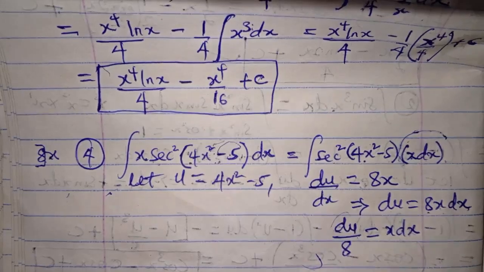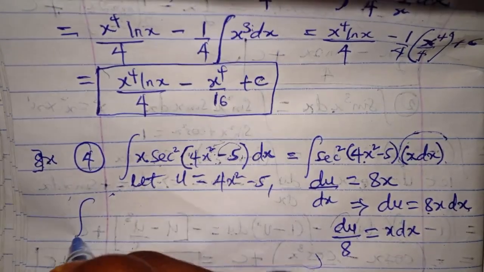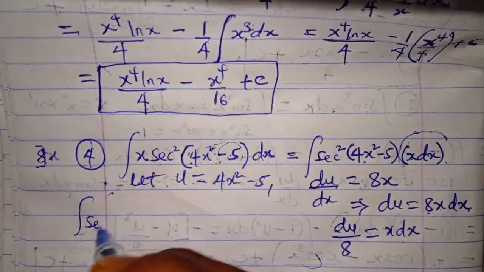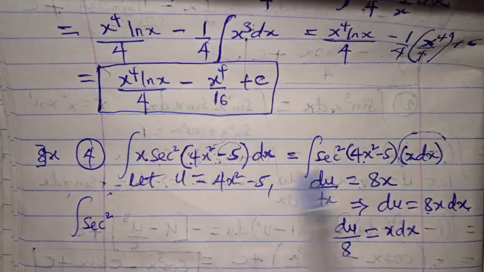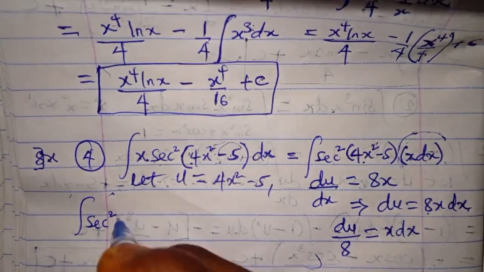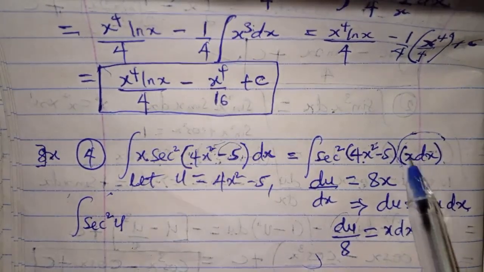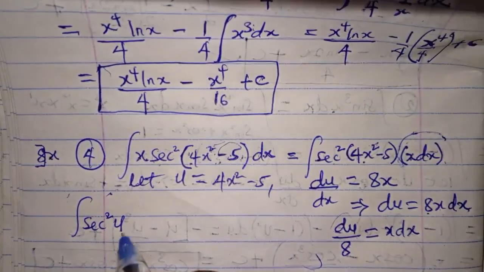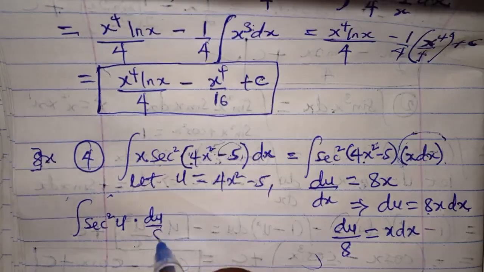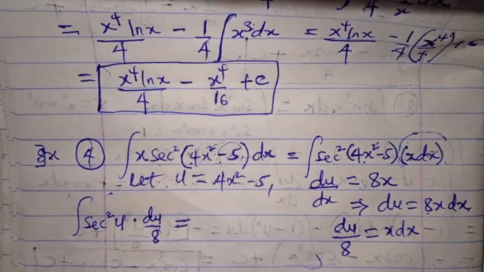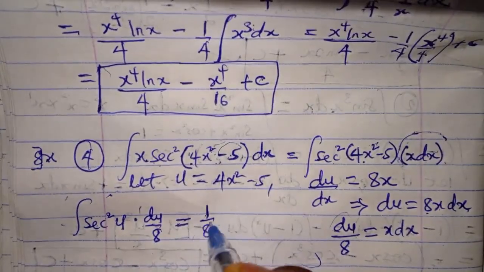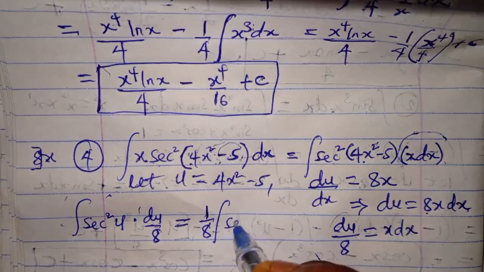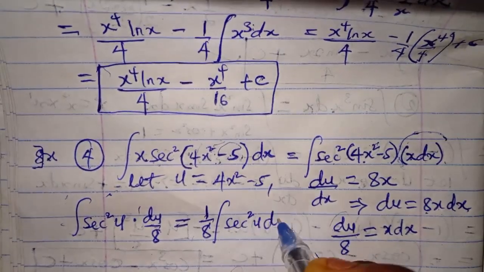This integral is now the integral of sec squared. Everything here is u, right? We said let u be equal to 4x squared minus 5, so I'm writing u there. Then this x dx is now du over 8, which is the same thing as saying, if the 1 over 8 comes out, we have 1 over 8 into the integral of what? Sec squared u du.